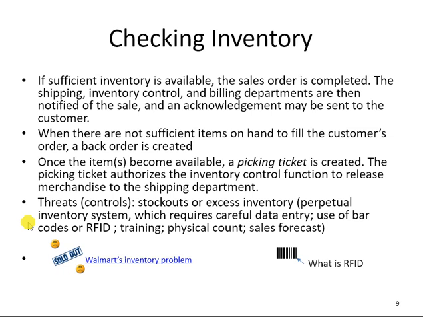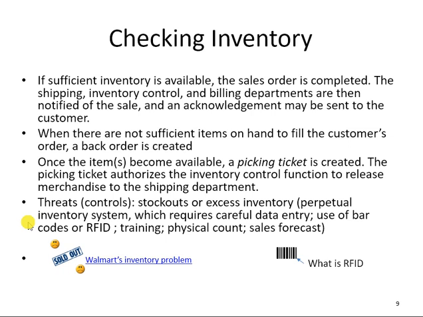But in order to use perpetual inventory systems, we need to be very careful about data entry. For example, the shipping and sales person must correctly record the quantity of items removed from inventory and delivered to customers.